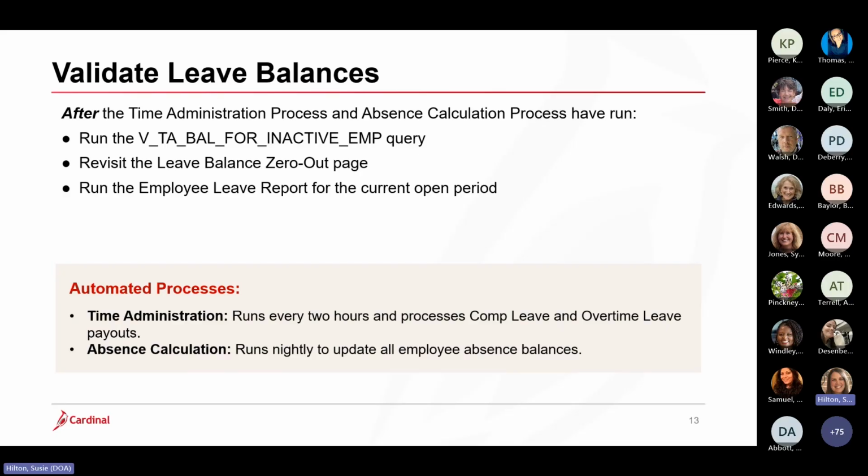And any of the ways that you typically review your employee balances, you'll be able to do that. The thing that you want to keep in mind, and it's noted on this slide as well, is the process timing. So make sure that you're not trying to review and check those balances before they've had a chance to process. So comp and overtime every 2 hours. And for the absence balances, you've got to wait until absence calc runs, and that runs every night.